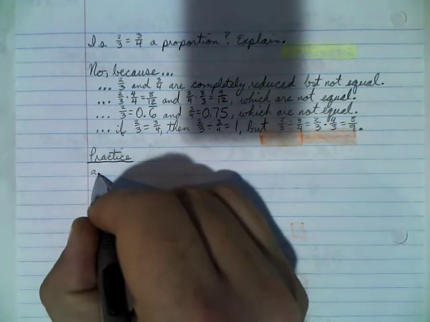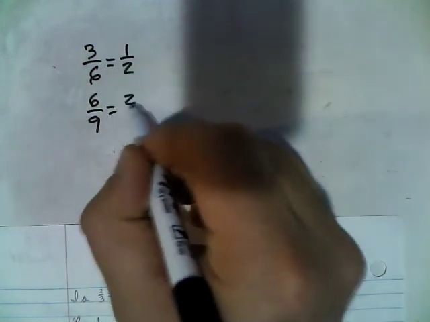Starting with problem A. Which pair of ratios forms a proportion? If we just look through these real quick, A, we have 3/6 and 6/9. I know 3/6 is 1/2, 6/9 is 2/3.